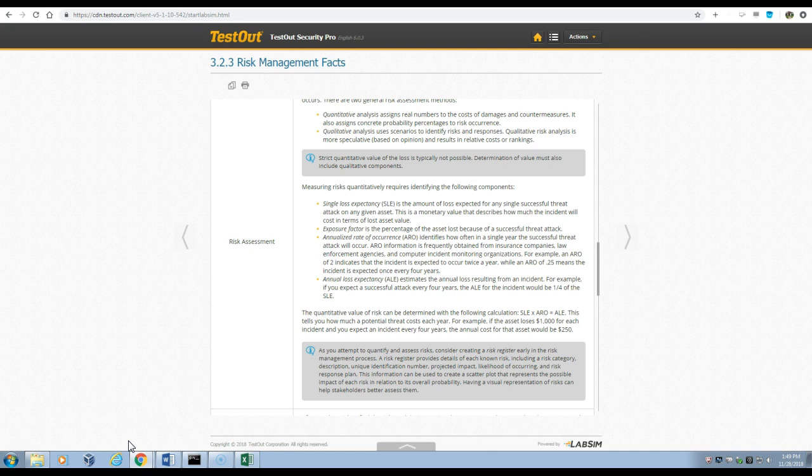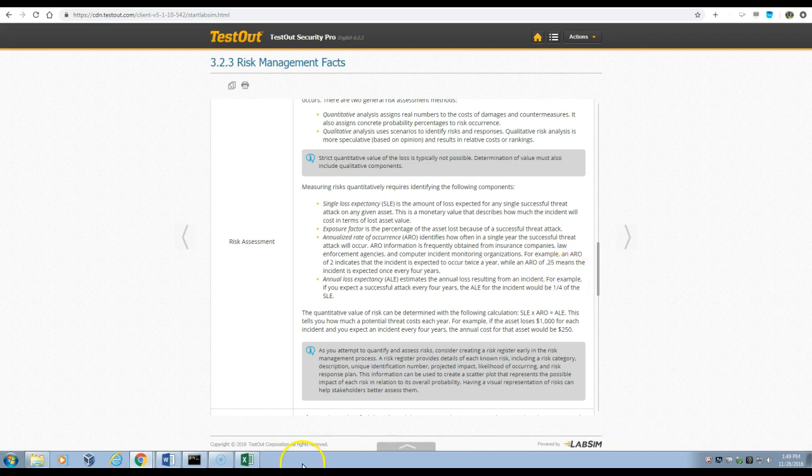What is SLE? SLE is the amount of loss that is expected for any single successful threat attack on any given asset. This is a monetary value that describes how much the incident will cost in terms of loss of asset value, or maybe the cost of fixing the problem.